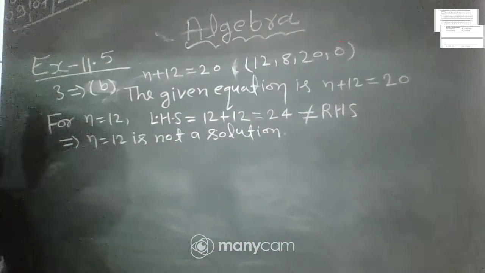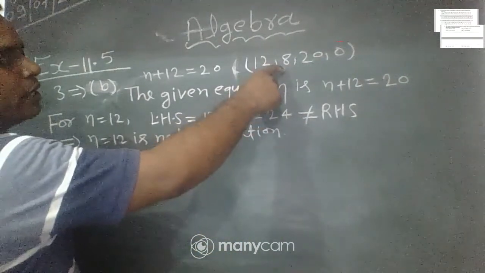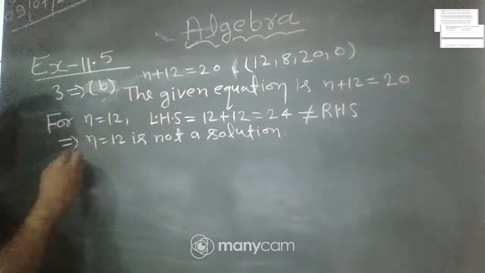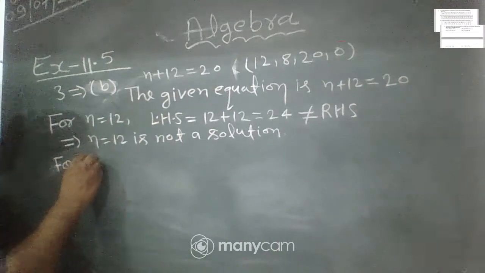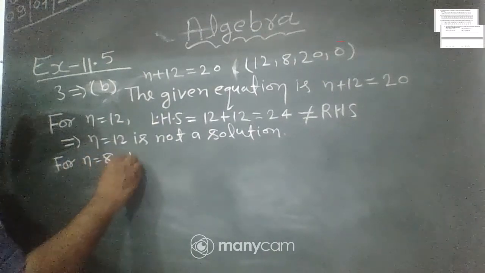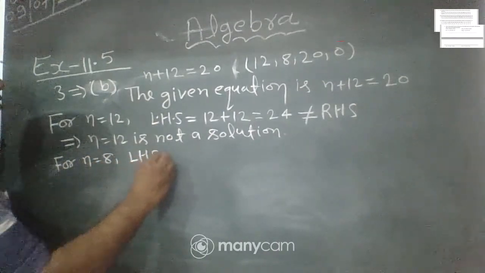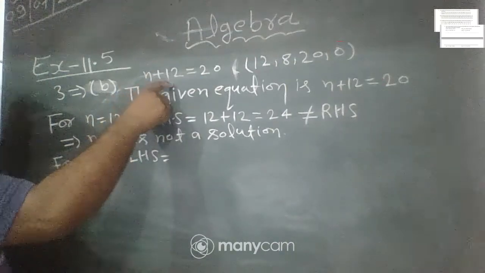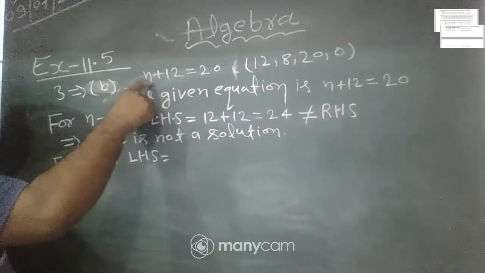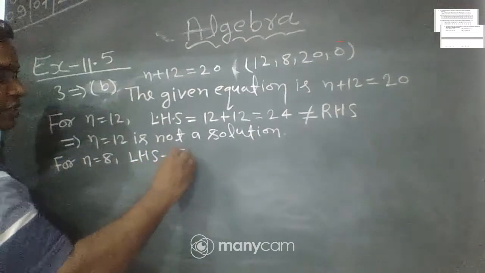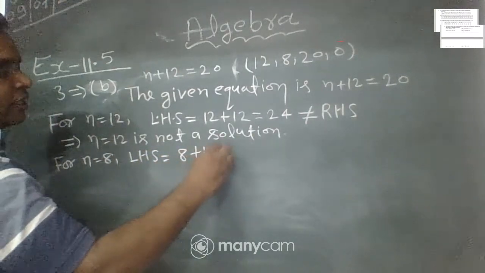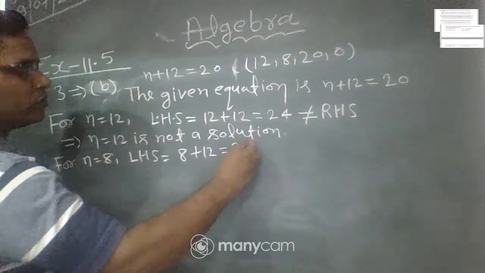Okay, and we take the next value, n is equal to 8. For n is equal to 8, our left hand side is n plus 12. The value of n is 8, so it becomes 8 plus 12, which is equal to 20.